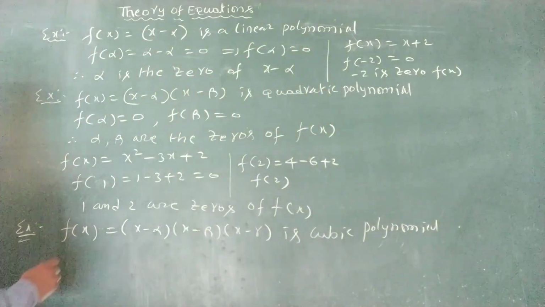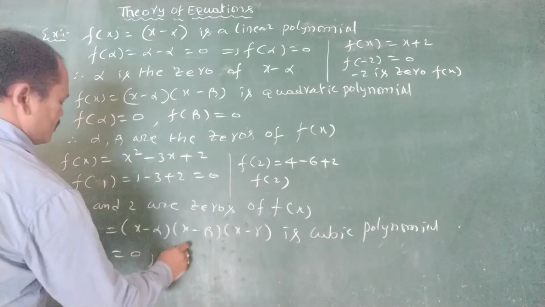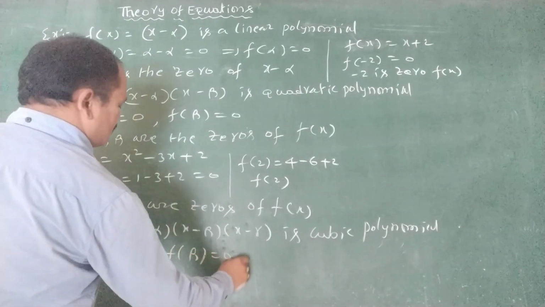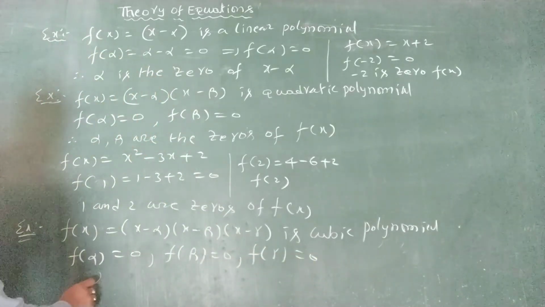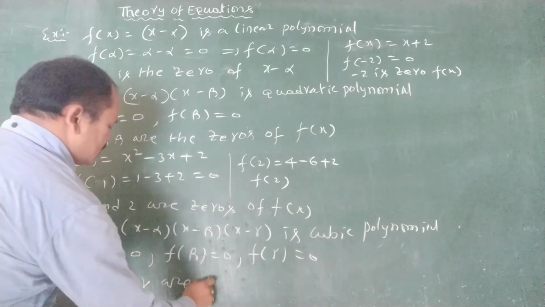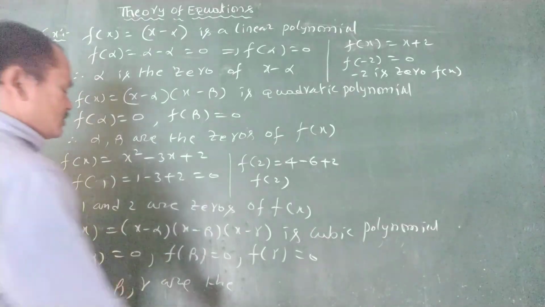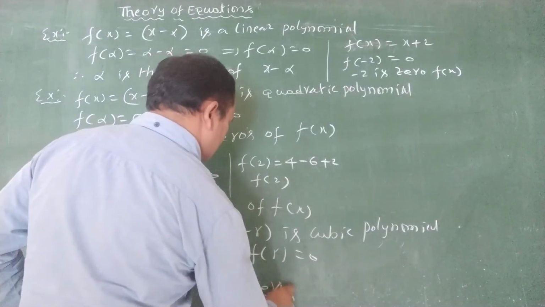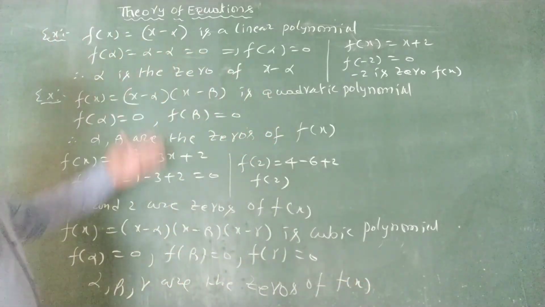For this, f of alpha is equal to 0, f of beta is equal to 0, f of gamma is equal to 0. That's why alpha, beta, gamma are the zeros of f of x, the zeros of the polynomial.